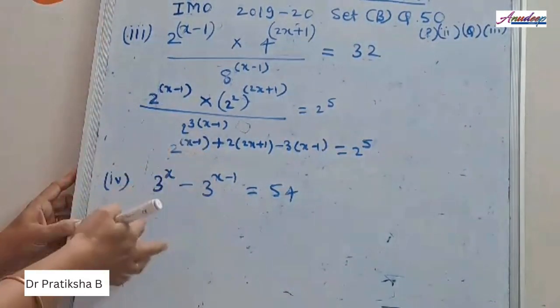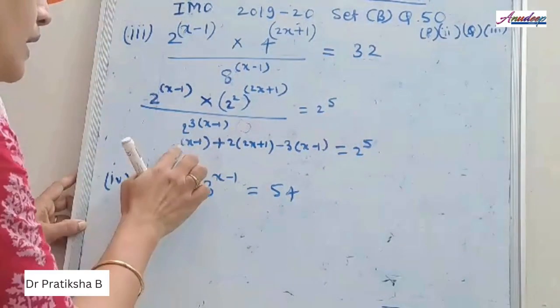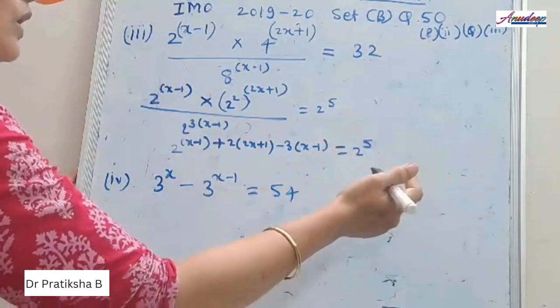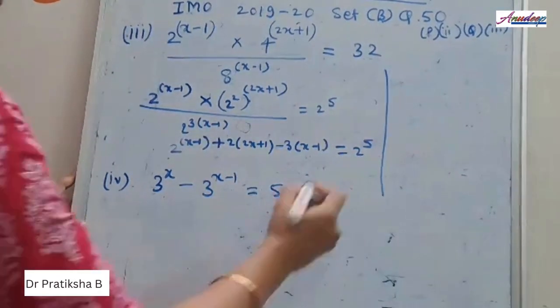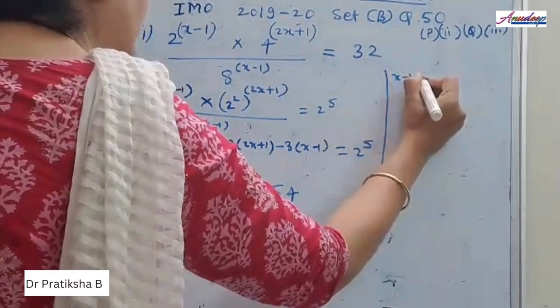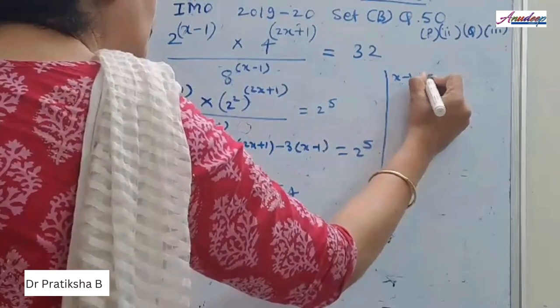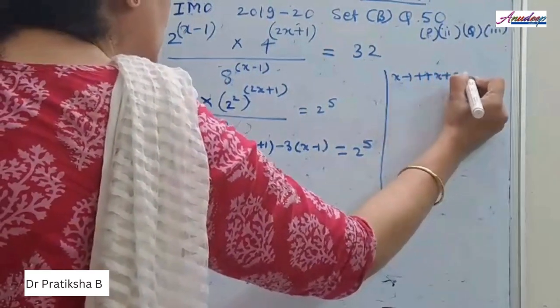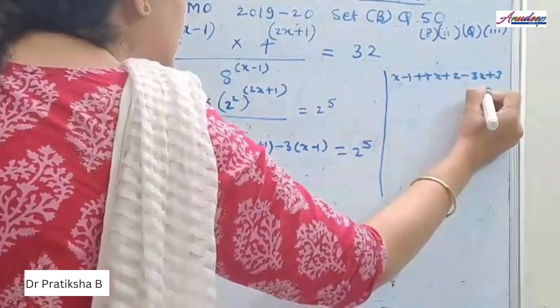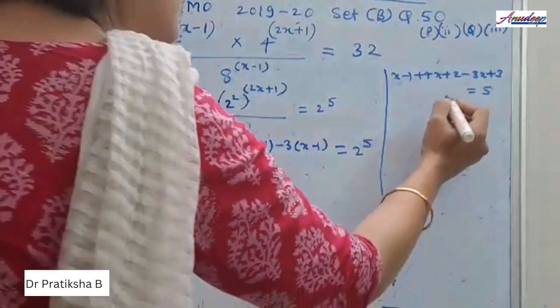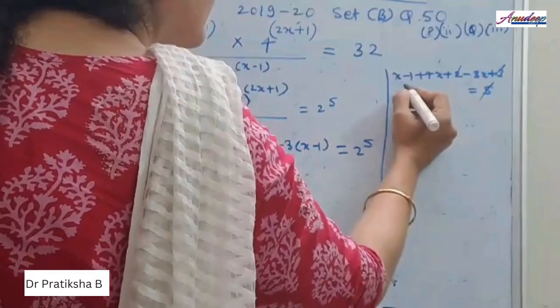When you simplify, by opening the bracket and equating the power, what we get on the left hand side is x minus 1 plus 2 into 4x plus 2 minus 3x plus 3, equal to 5. So it is 3 plus 2, 5.